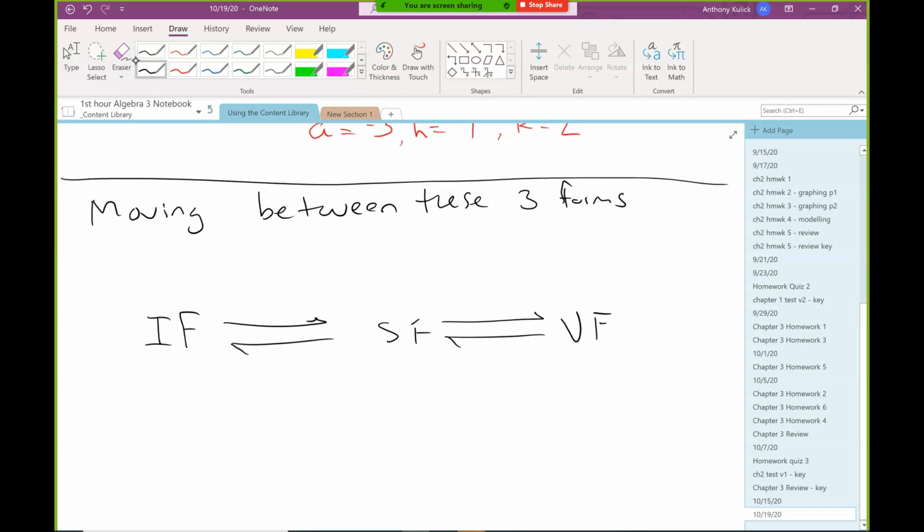Standard form is SF. And vertex form is VF. To go from intercept form to standard form, what we do is FOIL. Let's fill this in and then we'll do some examples.